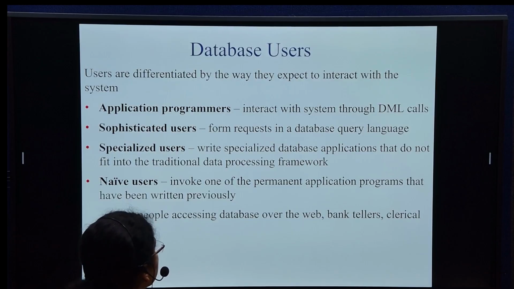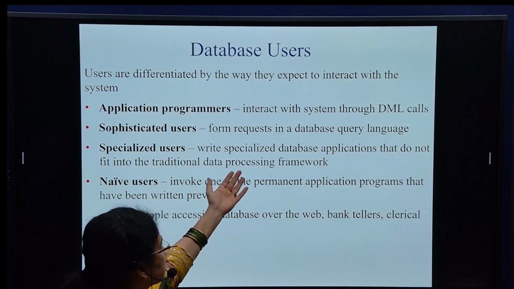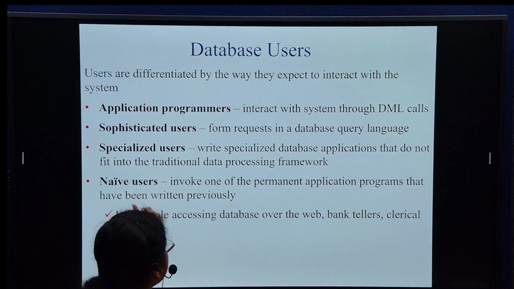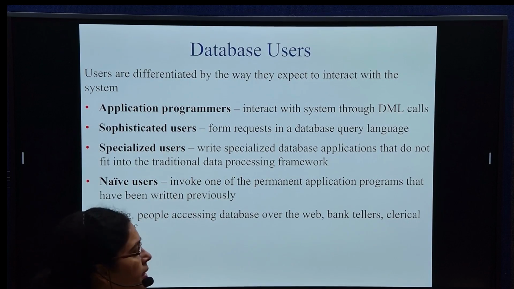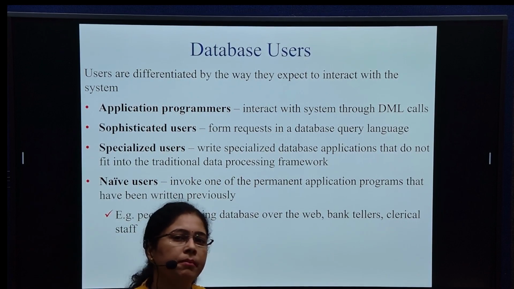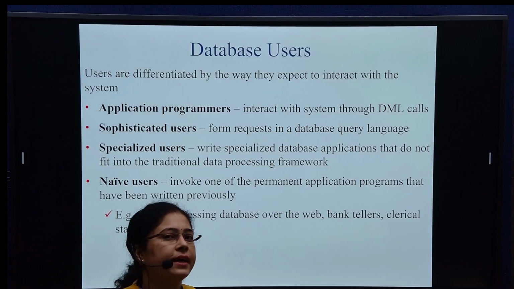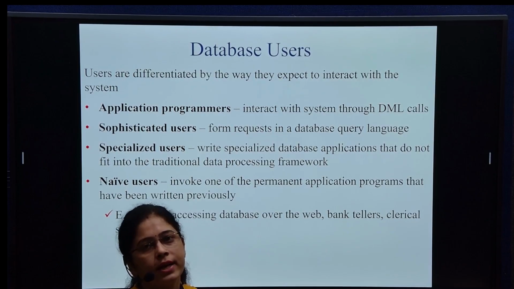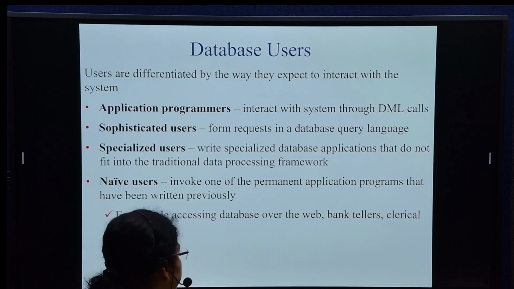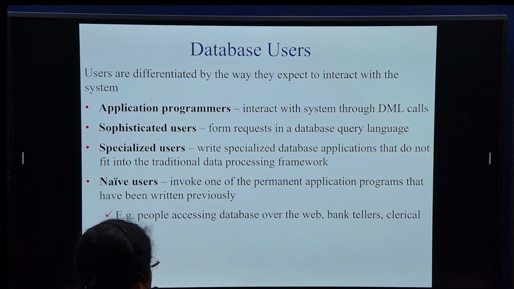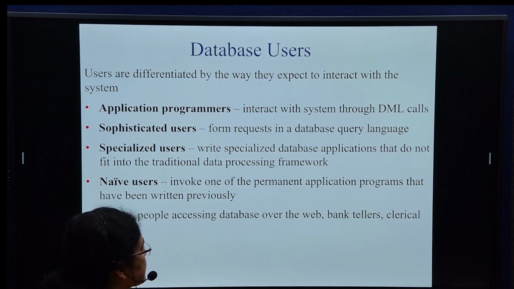Basically, these do not fit into the traditional data processing framework. Next, naive users invoke one of the permanent application programs. They interact with the database without knowing the conceptual schema of the database. Examples are people accessing the database over the web, bank tellers and clerical staff.